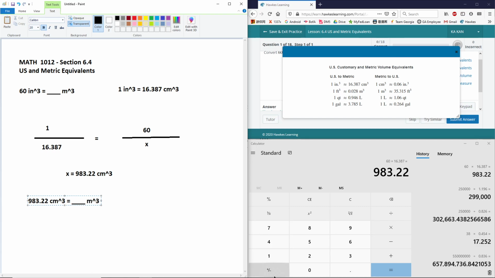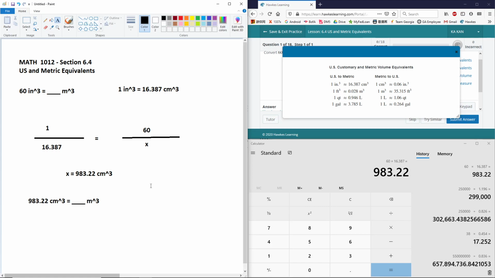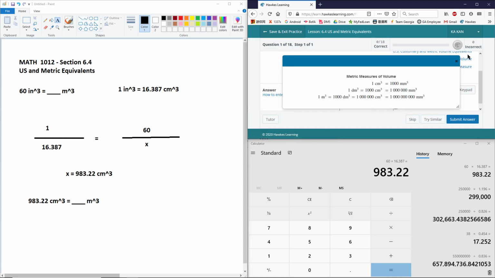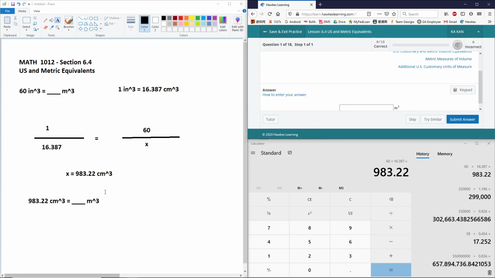So now let's see. For centimeters, you have to move it 2 places to the left. If you look at your formula sheets, you have to move to the left 2 times to get to meters. Now because you're doing third power, 2 times 3 is 6.